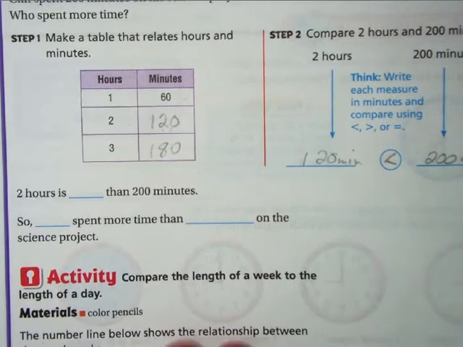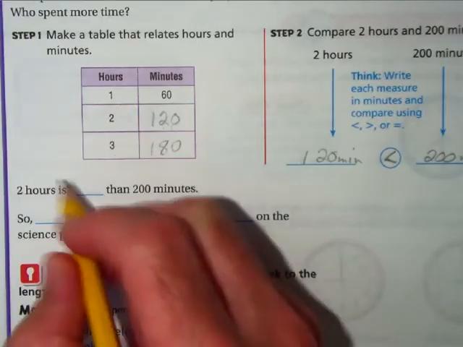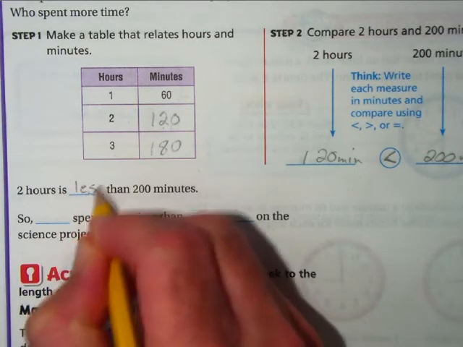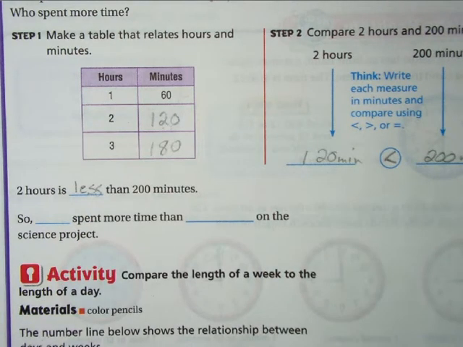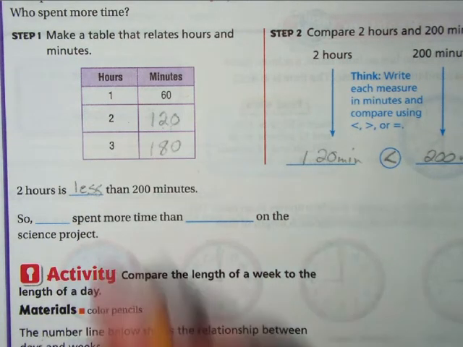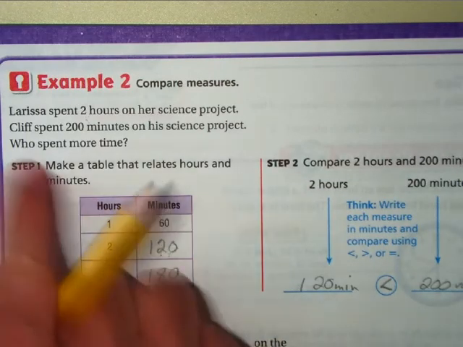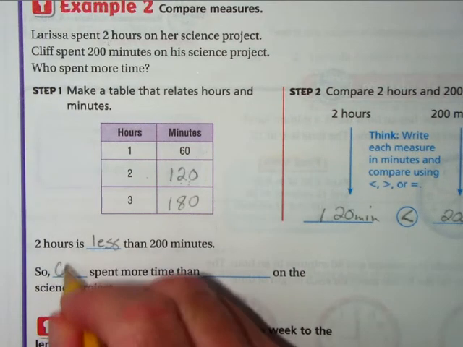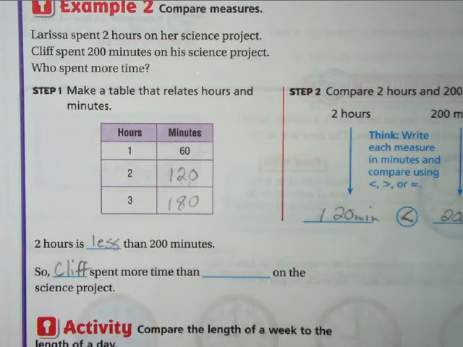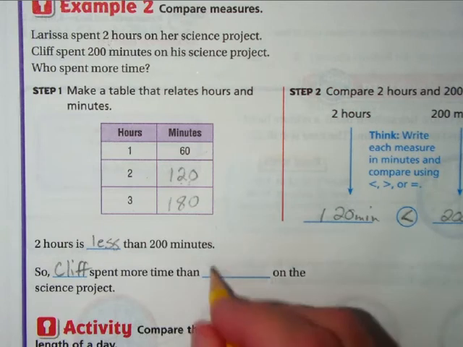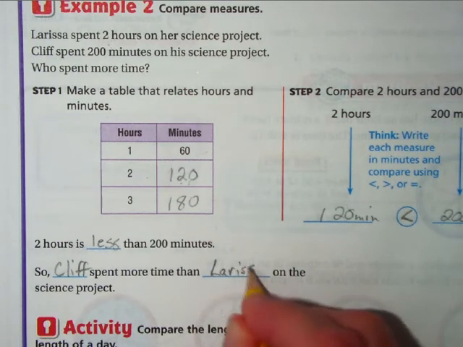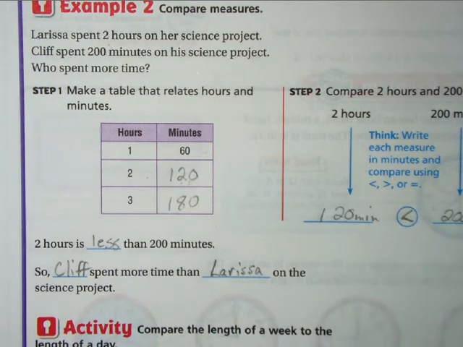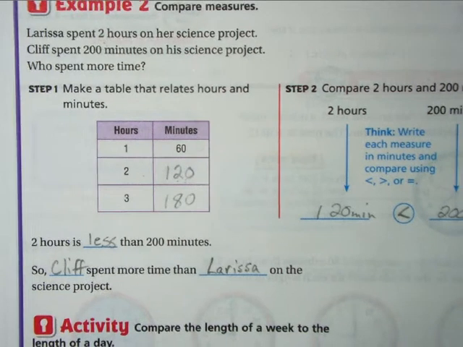So 2 hours is less than 200 minutes. So what was his name? Cliff. So Cliff spent more time than Larissa on the science project. Okay, that's pretty straightforward and clear.